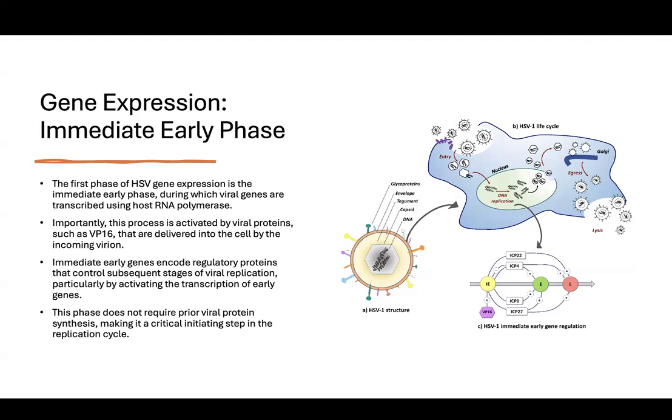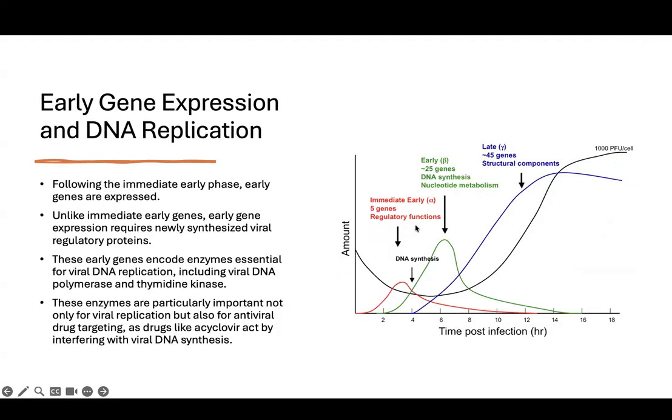VP16 has a very crucial job in starting viral transcription. It starts the expression of the immediate early genes. What are these immediate early genes? These are five proteins that have regulatory functions.